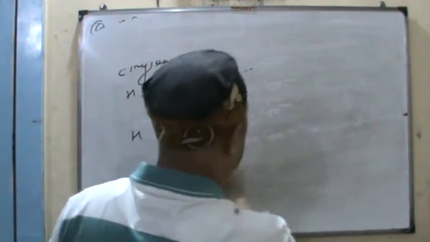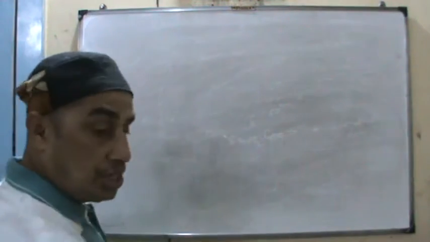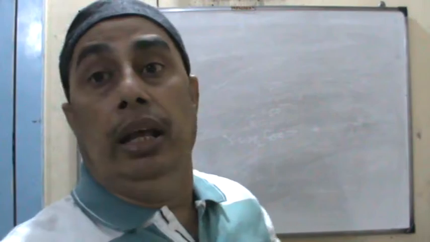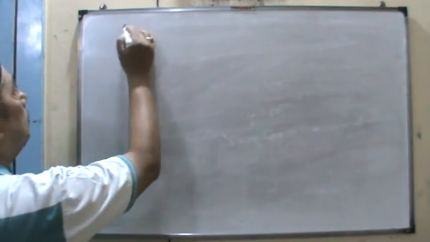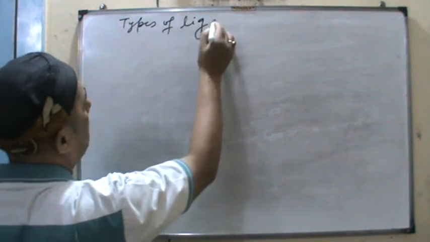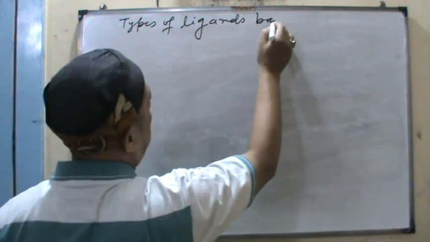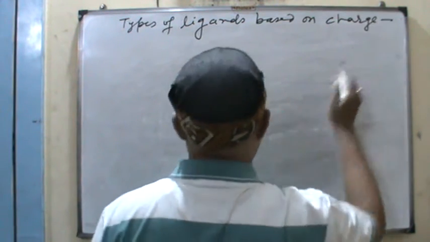Now, based on the charge, because ligand is a very broad term in coordination chemistry. You remember the ligands on the basis of the charge: anionic ligand, cationic ligand, and neutral ligand. It will help you in writing the IUPAC system of nomenclature in coordination chemistry or inorganic chemistry. So, types of ligands based on charge.